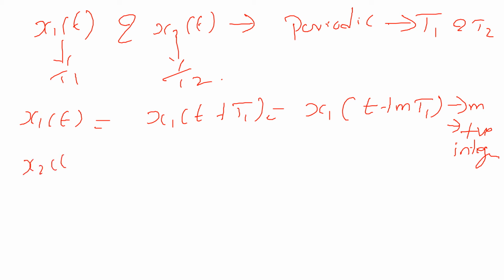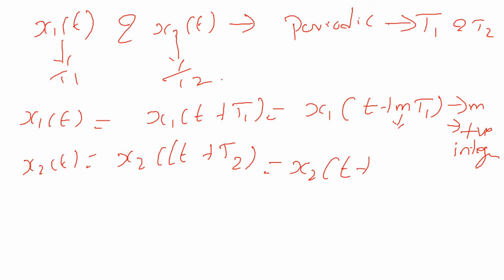Then x2 of t is equal to x2 of t plus T2. Here I used m, so for this one we can use another variable, k: x2 of t plus k into T2, where again k is a positive integer.